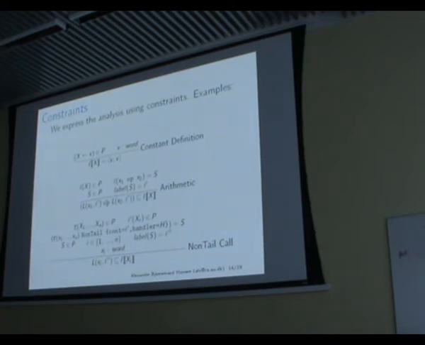The simplest one at the top is a constant definition. So the element for x that is assigned the value v is simply assigned the constant interval, the element v.